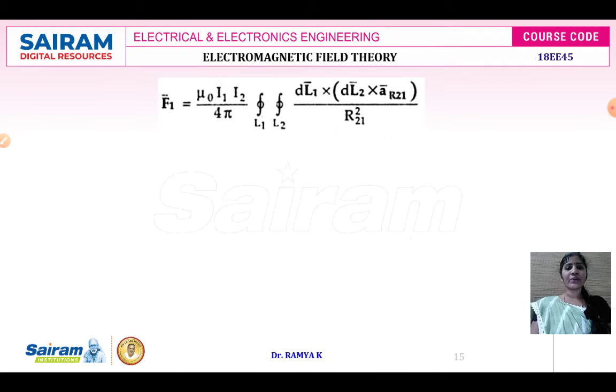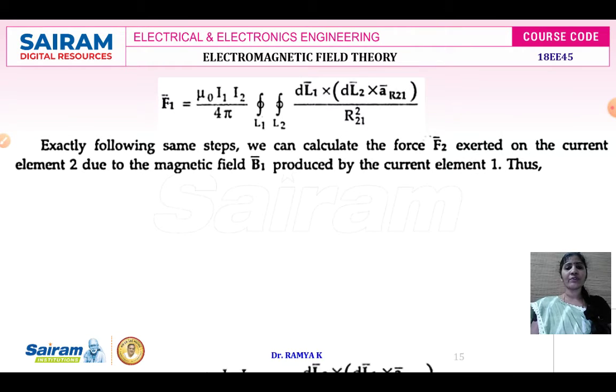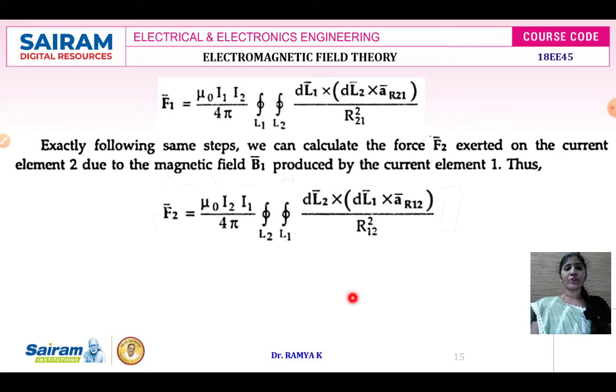Now similarly you can identify the value of F2 as mu naught I2 I1 divided by 4 pi, integration between L2 and L1, dL2 cross product with dL1 cross product with its own unit vector, divided by R12 square, and F2 is equal to minus F1 because both the currents are in the same direction.